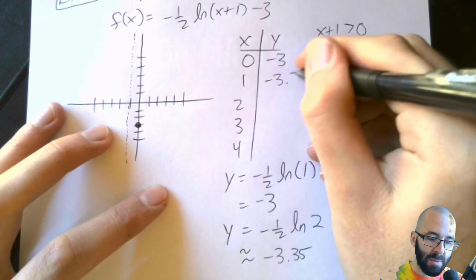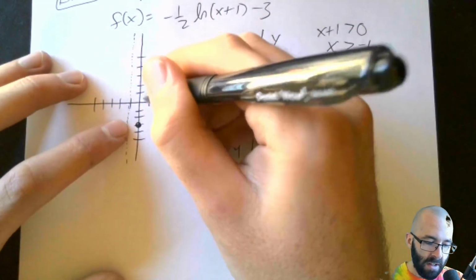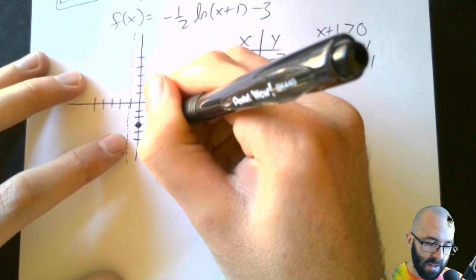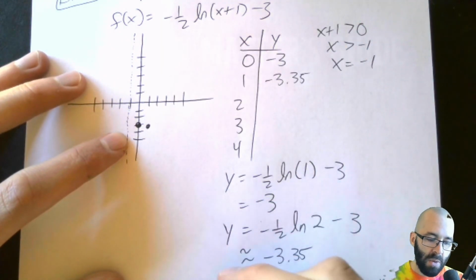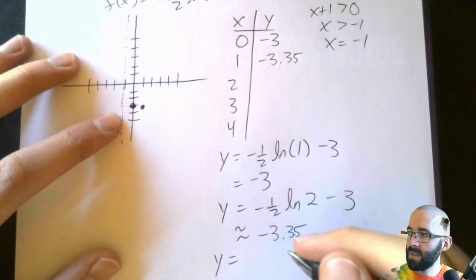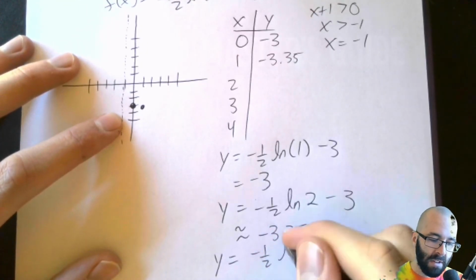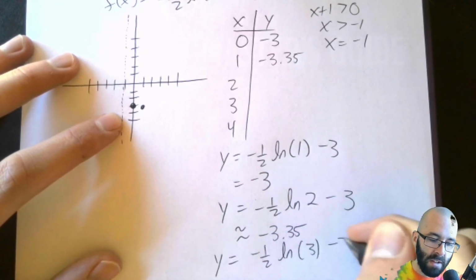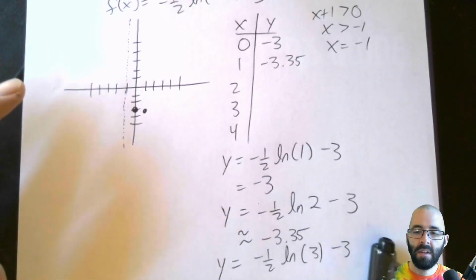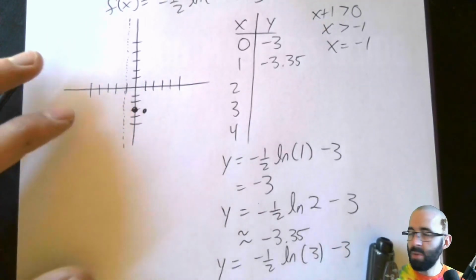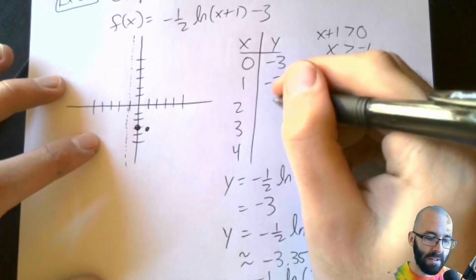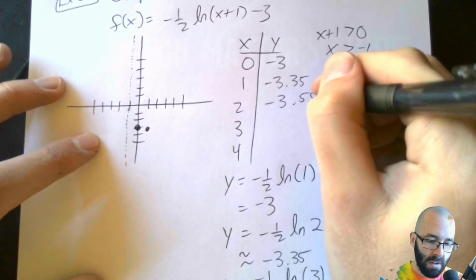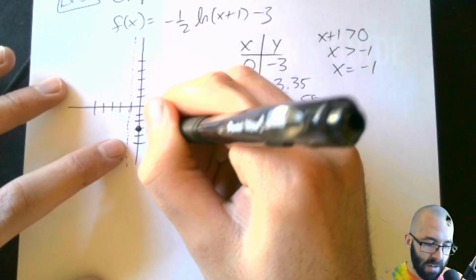We don't need a ton of decimals here. -3.35, so a little smaller. When x is equal to 2, we get y is equal to negative 1/2 the natural log of 3, minus 3. You plug that into your calculator, you're going to get -3.55. So again, a little smaller.